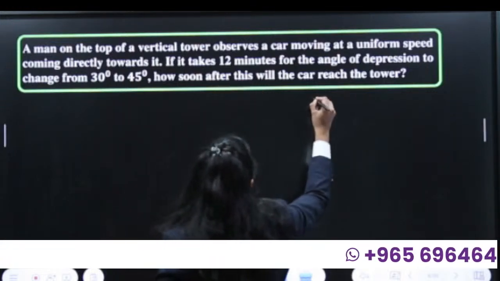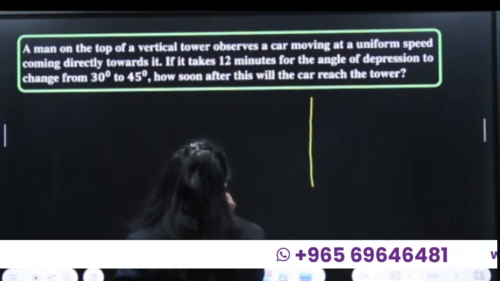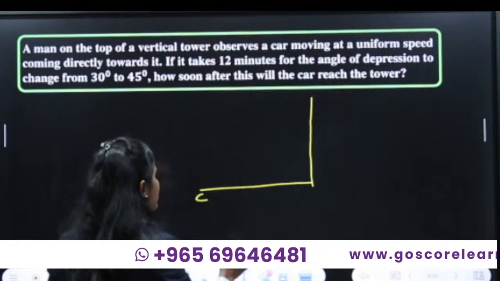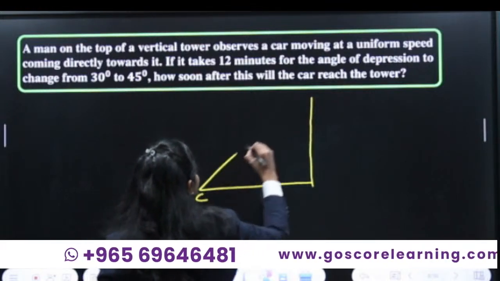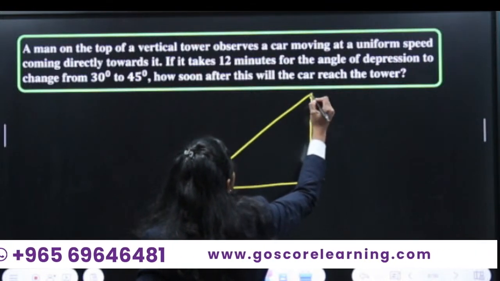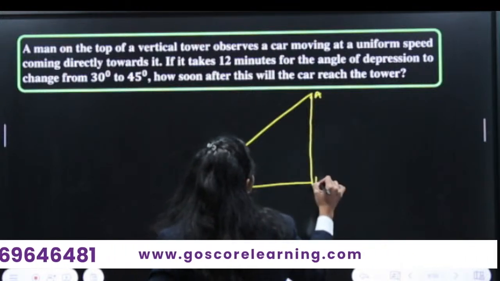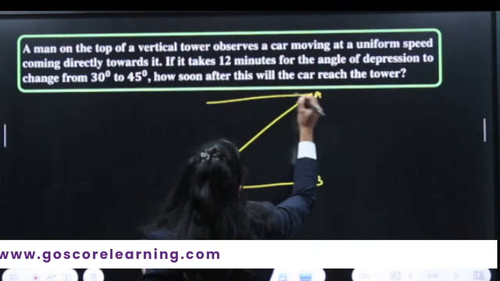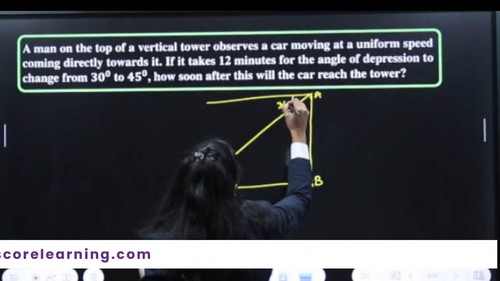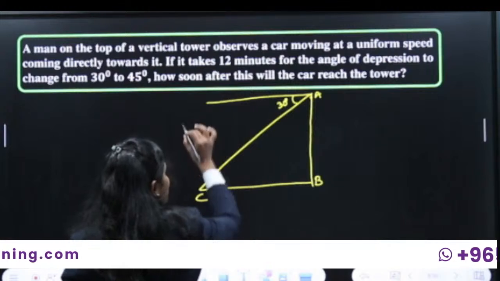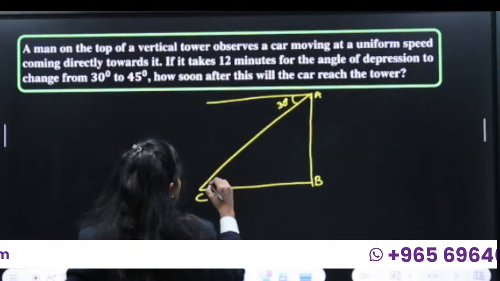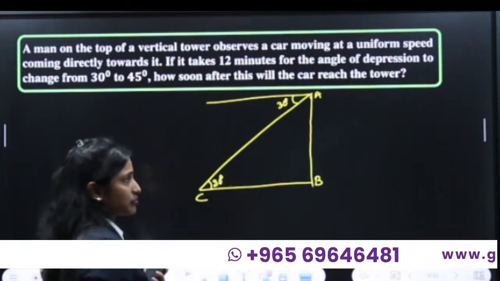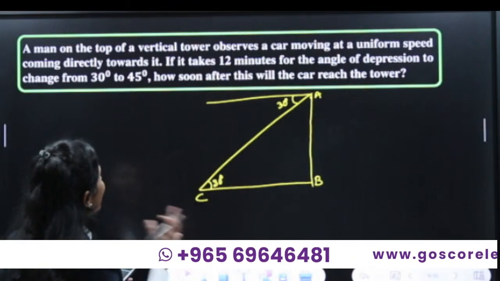So we have a vertical tower and a car at C first. So it is A, B and C. We have to consider a horizontal line, and this angle of depression is 30 degrees first. By considering the alternate interior angle, we can mark this angle as 30 degrees. Now what happens after 12 minutes?